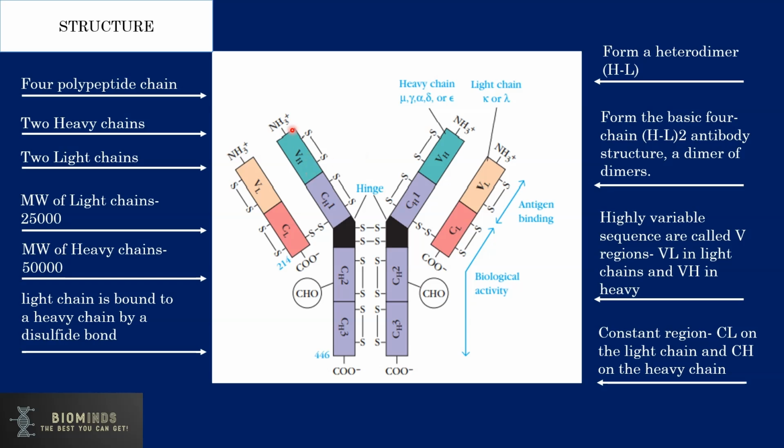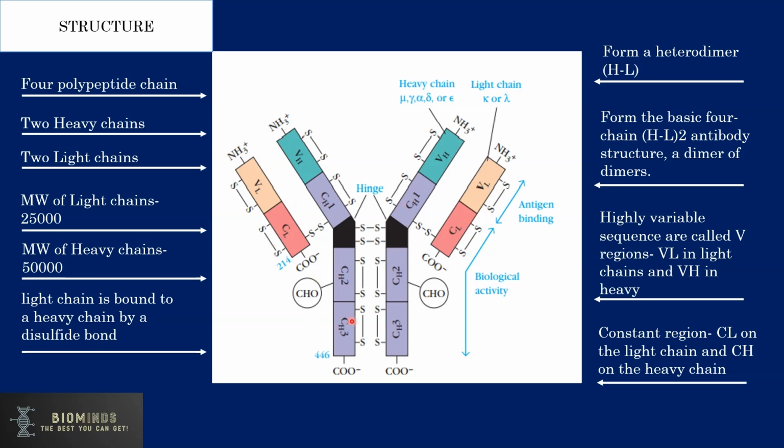So in the variable region of the heavy chain and the variable region of the light chain, the amino acid sequences of both of these regions change. Whereas the constant region of the heavy chain, the light purple color, and the red one, the constant region of the light chain, do not change and remain the same in all the antibodies.